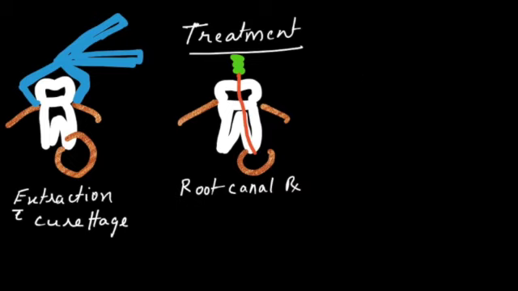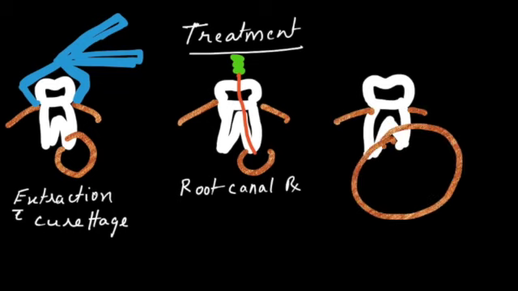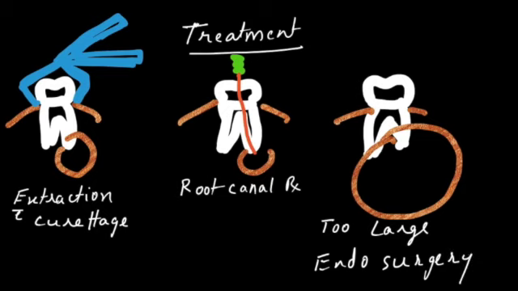Next is, if the lesion is too large, then endodontic surgery is advised. So too large a lesion, endodontic surgery. So these are the treatment options for radicular cyst. This explanation should help you to draw better the histopathology diagram.